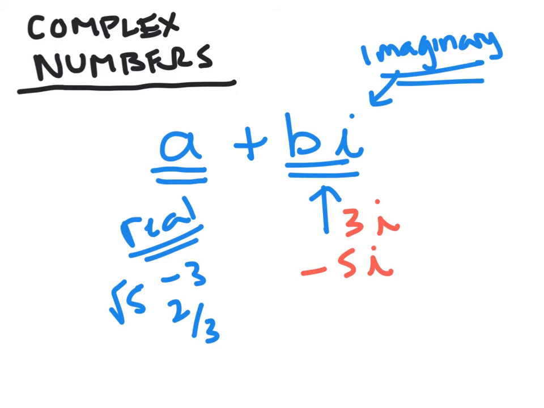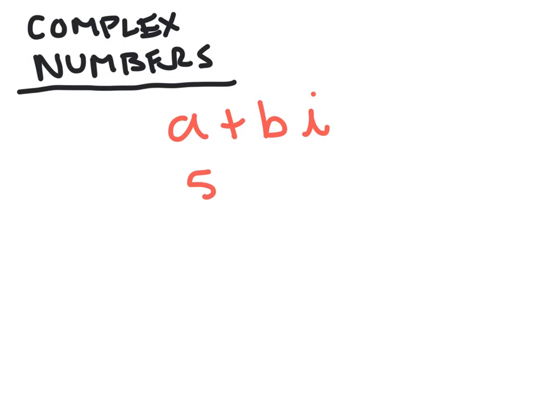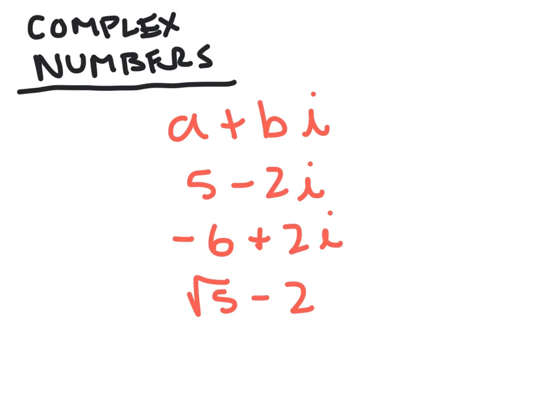So let me just show you a couple examples. So 5 minus 2i is a complex number. Negative 6 plus 2i is a complex number. The square root of 5 minus 2i is a complex number.